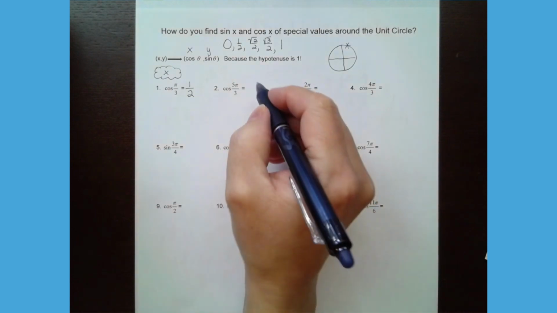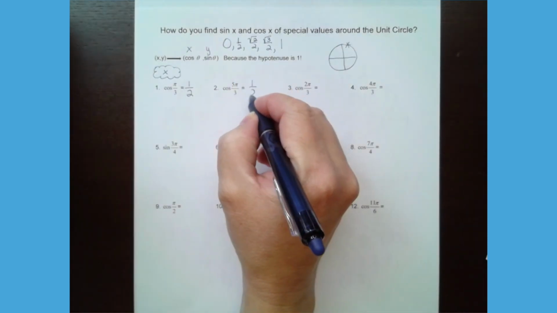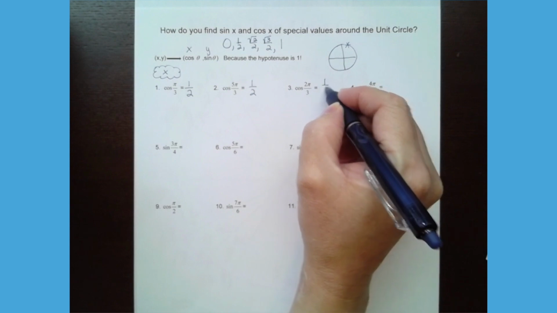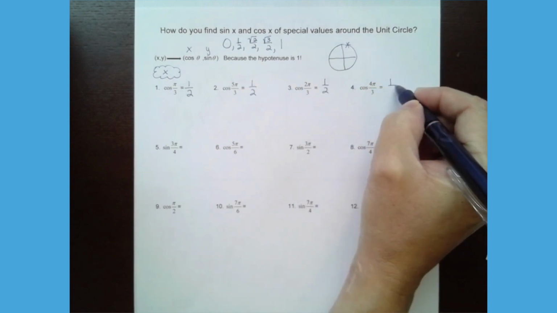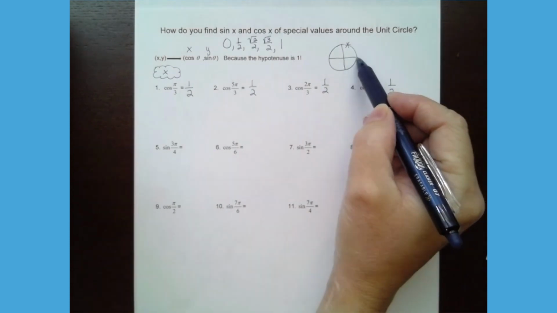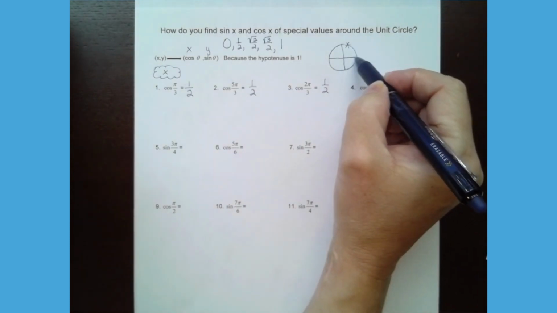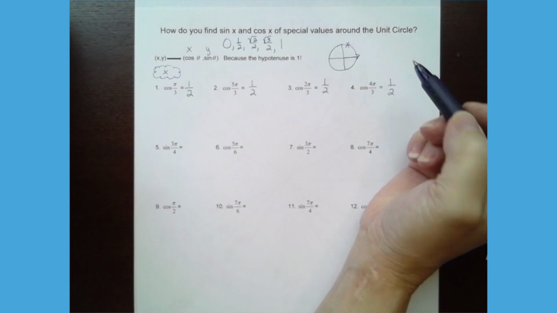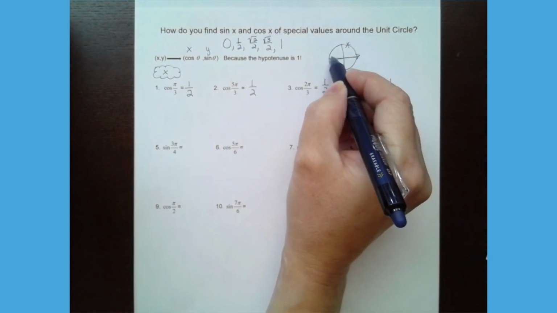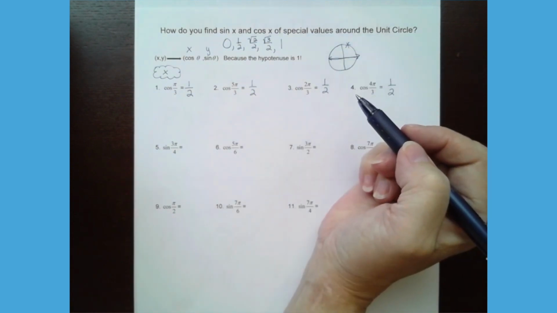The number part of all these answers is 1/2. My job is then to figure out, to get to that point on the circle, do I go right or do I go left? If you go right to get to it, then your cosine is positive. If you have to go left, then your cosine is negative.